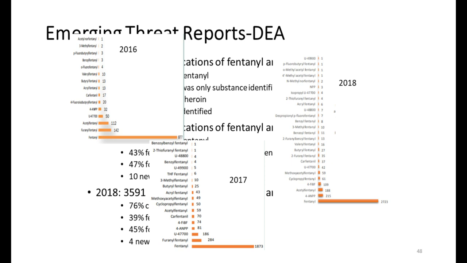So the emerging threat report from the Drug Enforcement Agency is indicative of how common this problem of fentanyl and fentanyl analogs is.